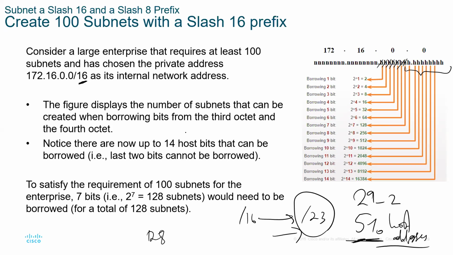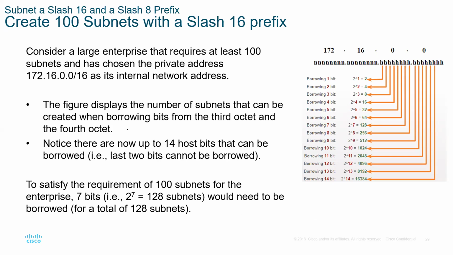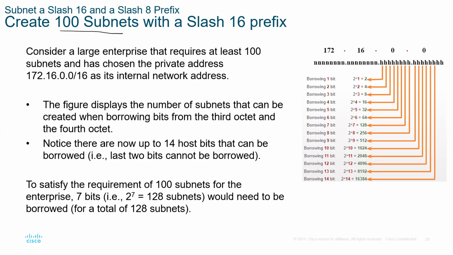In this example, to summarize, we were tasked to create 100 subnets. Let me illustrate this much clearer. 172.16.0.0/16 was our original IP address.